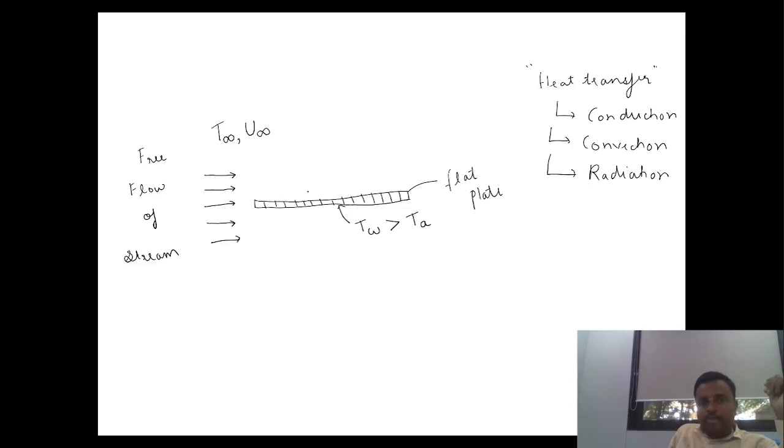Now in computational fluid dynamics, when you are considering this flat plate and the wall boundary condition, we will consider a very important wall boundary condition, that is no slip.